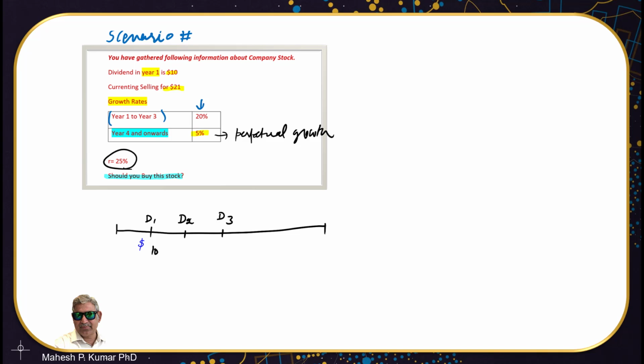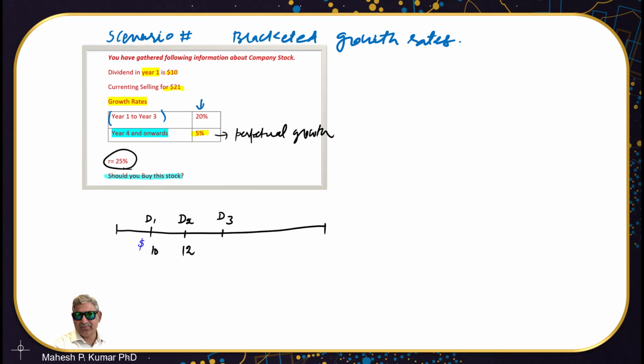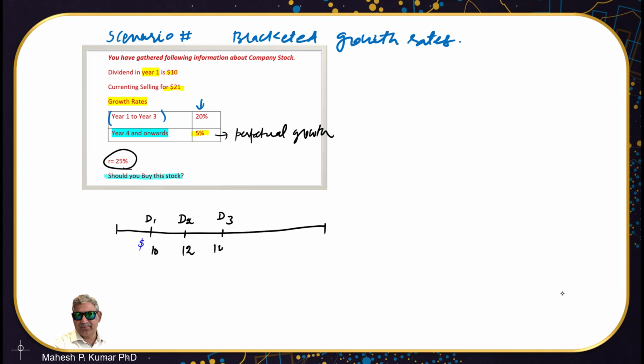This is a very interesting scenario, and we are dealing with bracketed growth rates. In year 1 the dividend is $10 and this will increase by 20%. So in the second year the dividend would be 10 times 1.20, that would be $12, and in the third year the dividend would be times 1.2 again, that would be $14.40.